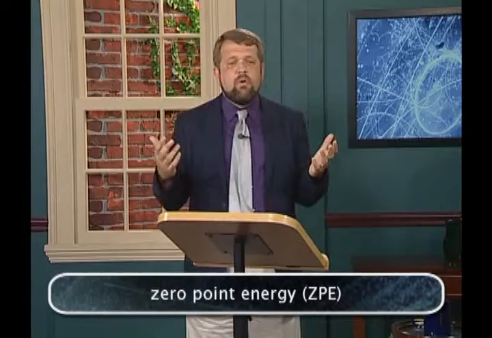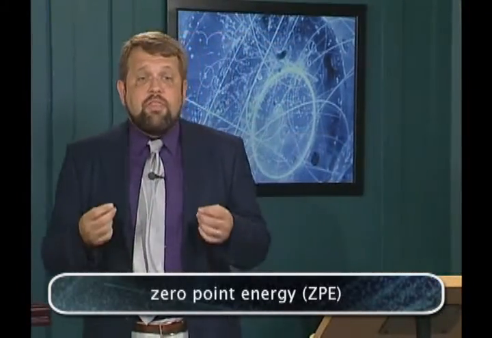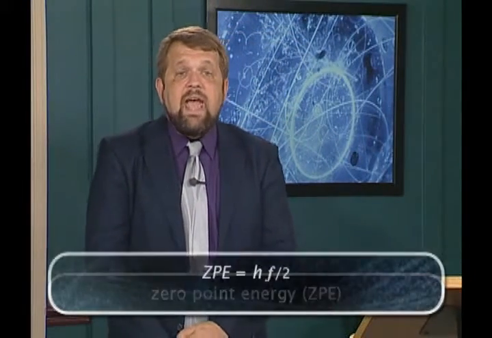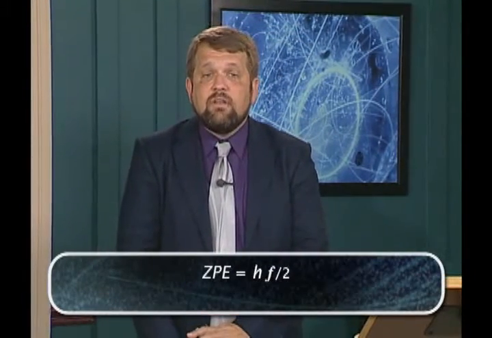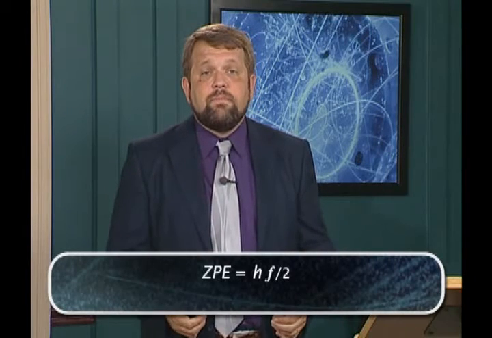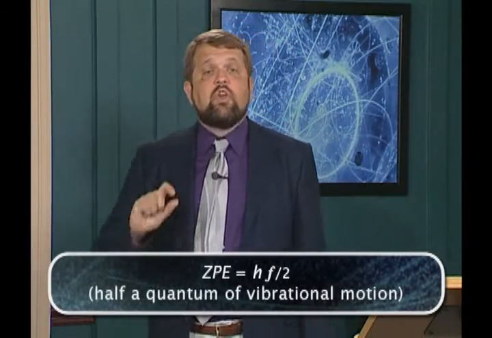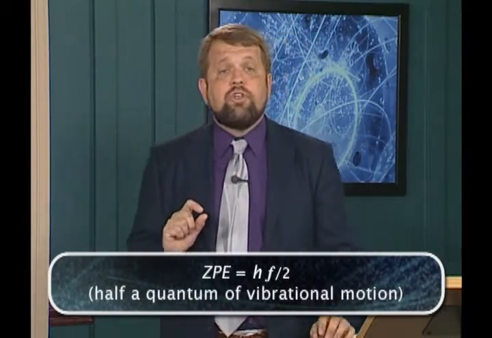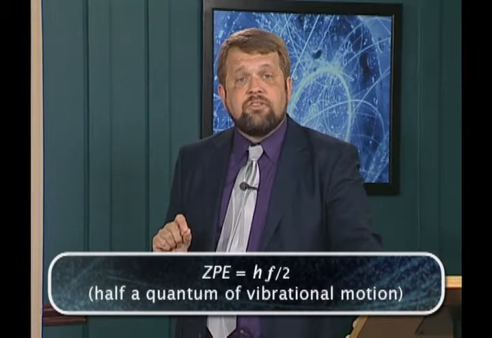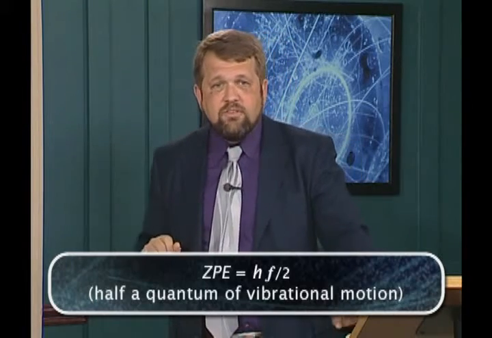What is zero point energy? Well, for a quantum pendulum, the zero point energy, the energy it must have even in its lowest energy state, happens to be Planck's constant times the frequency of the pendulum divided by 2. And of course, that's just half the size of one quantum of vibrational motion, as Einstein posited it back in his explanation of the heat capacity of solids.